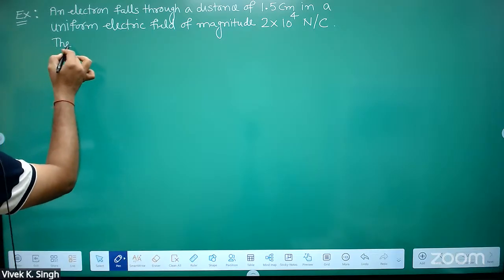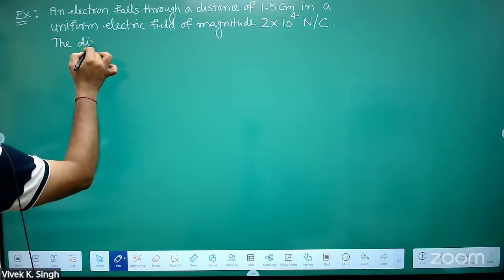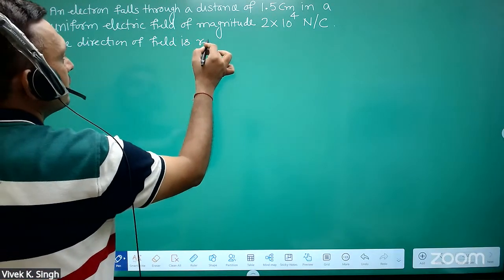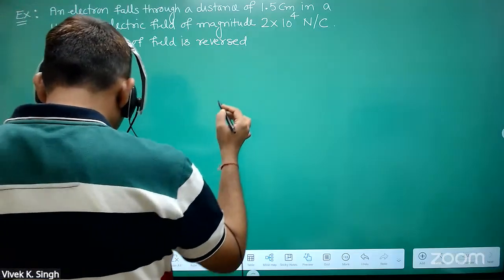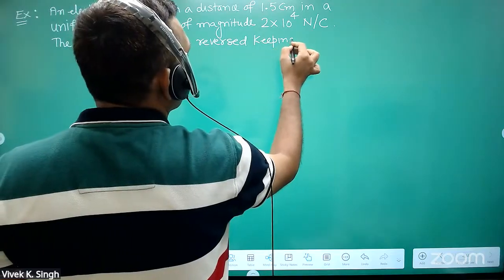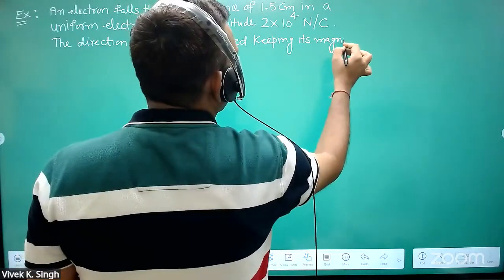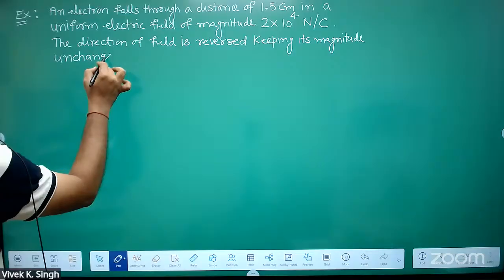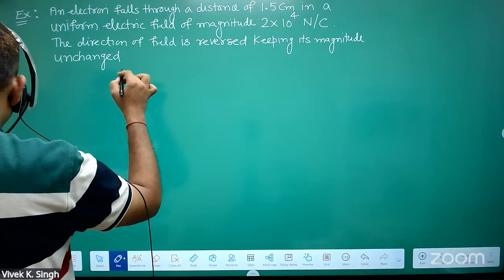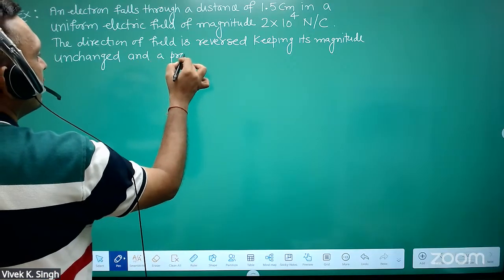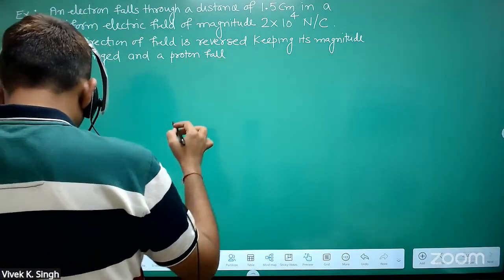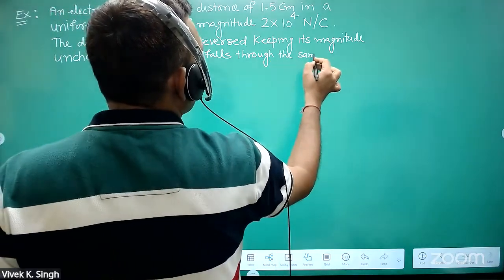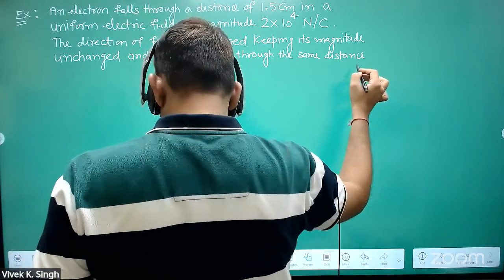The direction of the field is reversed, keeping its magnitude unchanged, and a proton falls through the same distance.